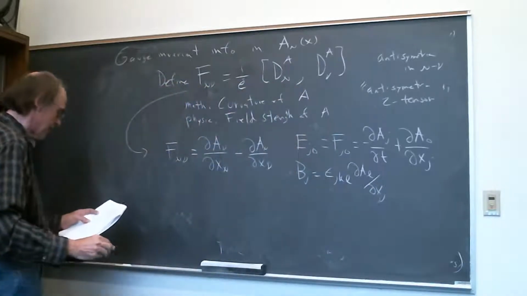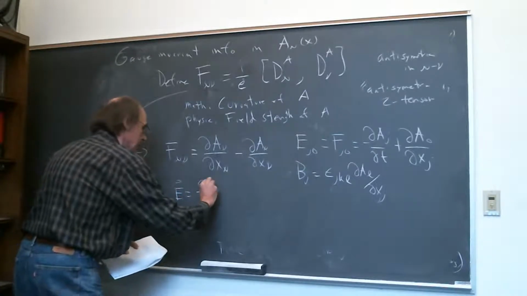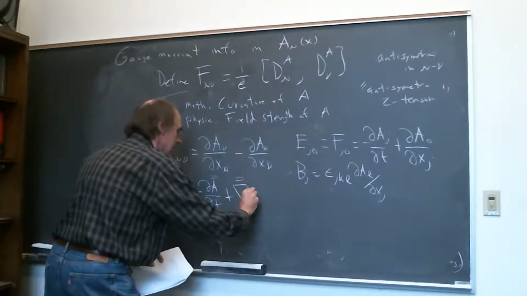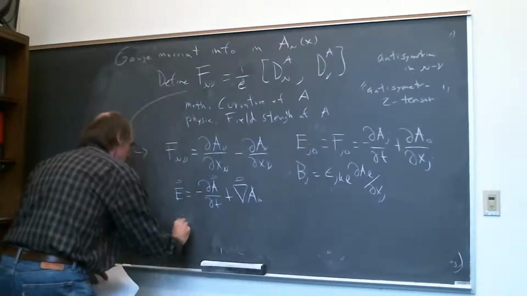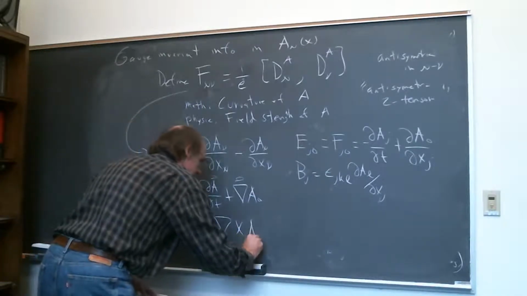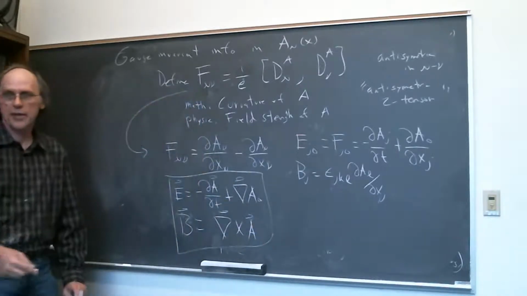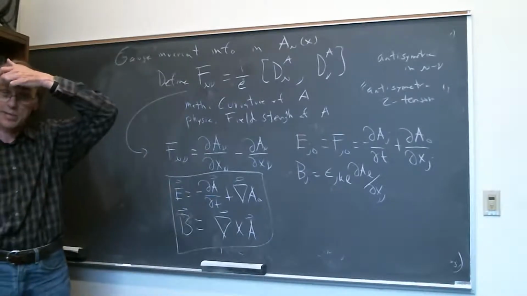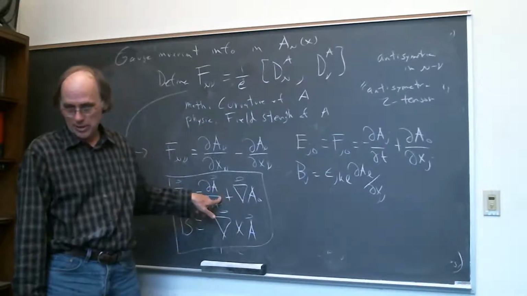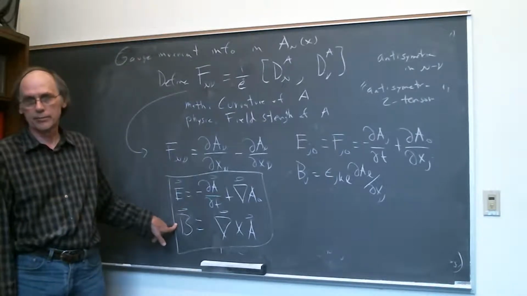Or maybe better to write it in vector notation: E vector is minus dA vector/dt plus grad A_0, and B vector is the curl of A. So this is the standard thing you'll see in any electromagnetism class, how to go between a vector potential describing an electromagnetic field and an electric field and a magnetic field.